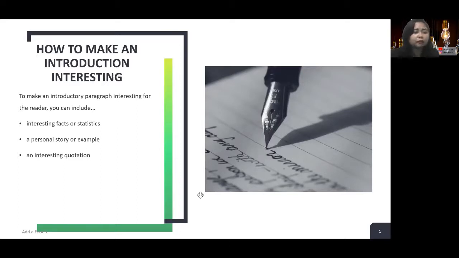And then the last, maybe you can have an interesting quotation from experts about the things you want to talk about, or your topic or thesis statement that you want to support in that introduction. It will make your introduction stronger.